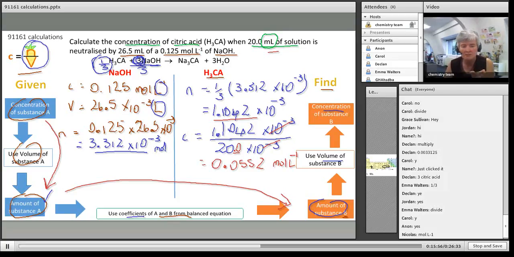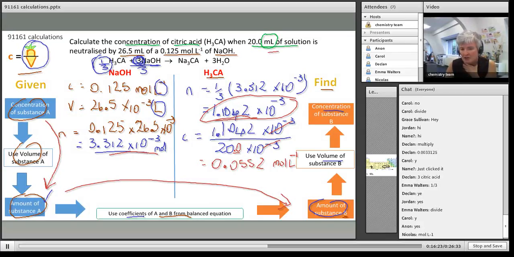So to me it's easiest to picture. If it's 1 citric acid is to 3 sodium hydroxide, it'll be 10 citric acid to 30 sodium hydroxide. So you're always going to have more sodium hydroxide. So if this number over here that you calculated is more than your number of moles of sodium hydroxide, can you see you've done the wrong thing?